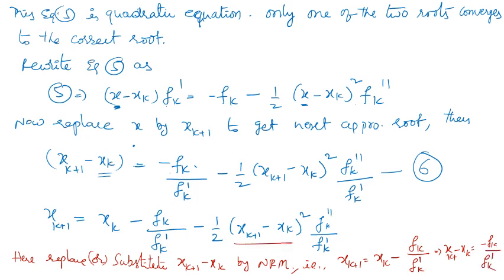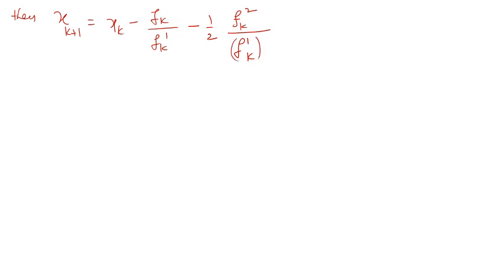Now replace this here. Then xk plus 1 is equal to xk minus fk by fk dash minus 1 by 2, and since we are replacing with the Newton-Raphson formula, whole square is there, so fk square by fk dash cube into fk double dash.